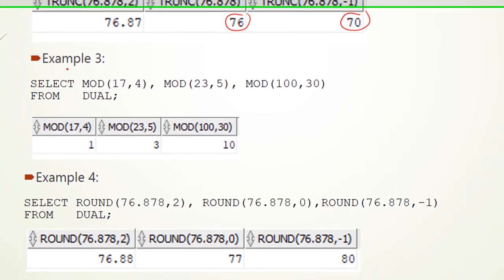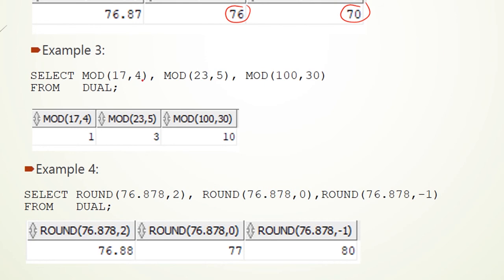Here in the third example, select mod 17,4, mod 23,5, mod 100,30 from dual. Also here we are displaying only the output of arithmetic functions without reading from tables, so we complete our select statement by reading from dual.